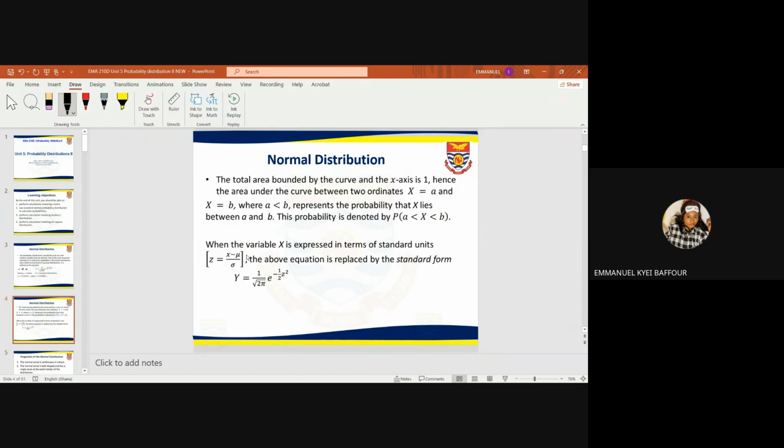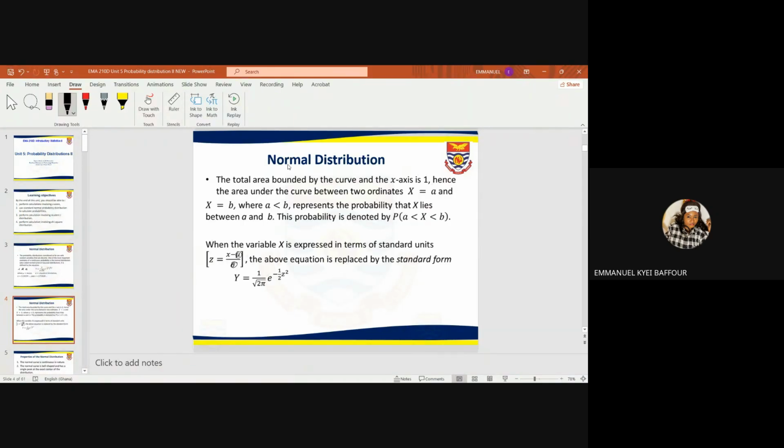If you pay attention, the mu and the sigma here represent population parameters: the population mean is mu, and the population standard deviation is sigma. Once you are able to convert whatever score you have to the standardized Z score, you can use the Z distribution to calculate whatever probability you've been asked for.